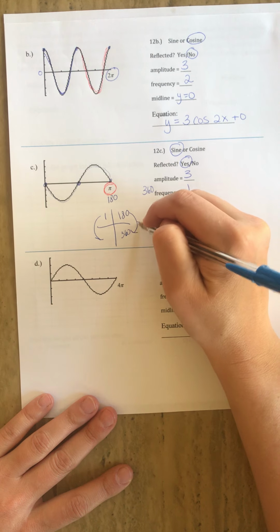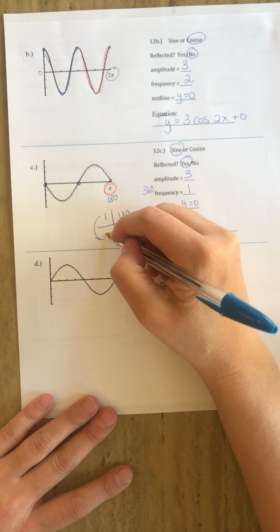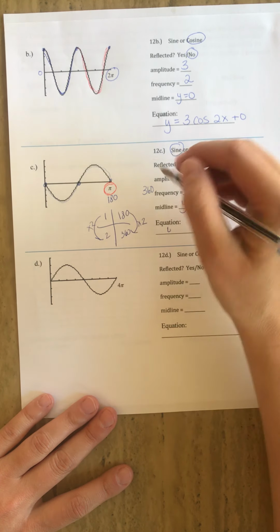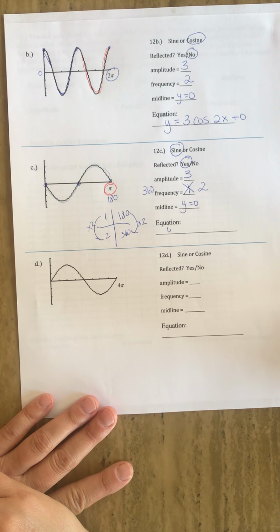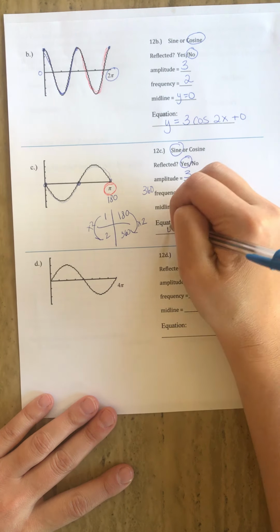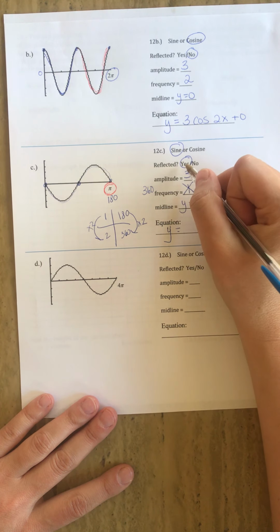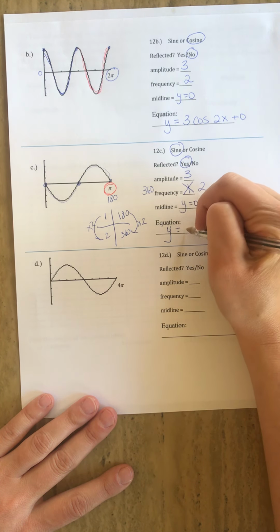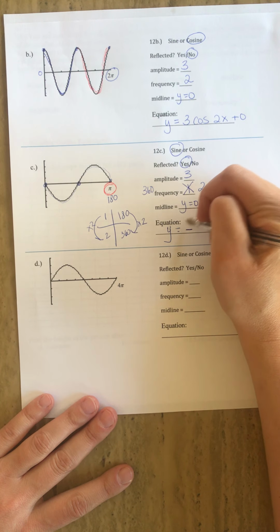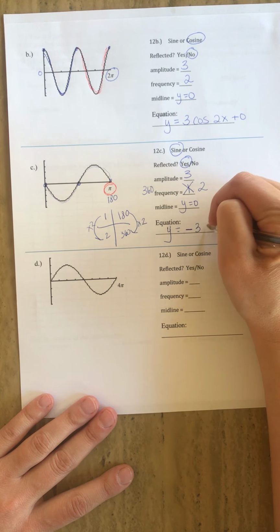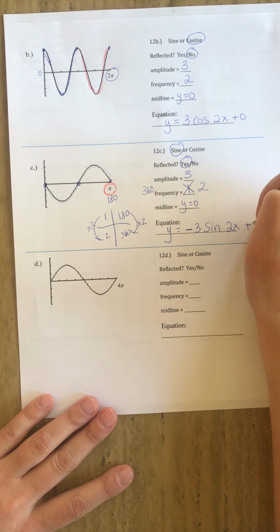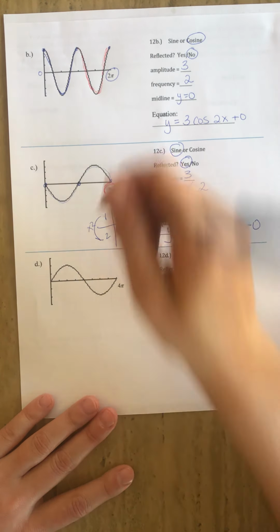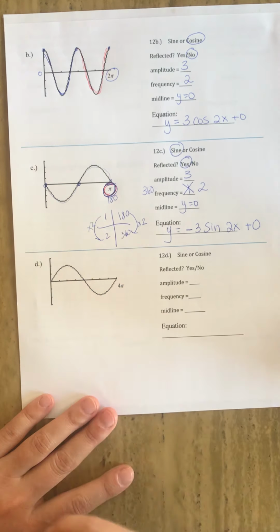So 180 times 2 gets you to 360, so you need to multiply this here by 2. So I apologize. We have a frequency of 2. So put all this together. Y is equal to negative. Don't forget that negative. That's one of the most common mistakes that students make. Your amplitude, sine, frequency, plus the 0. Yeah, so be very, very careful that you look here.